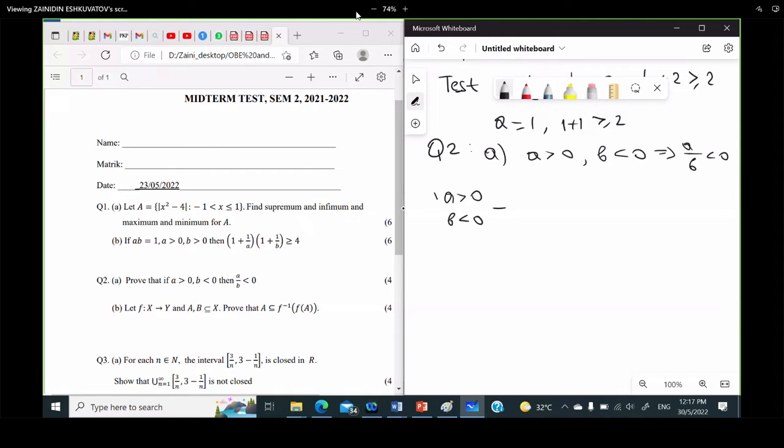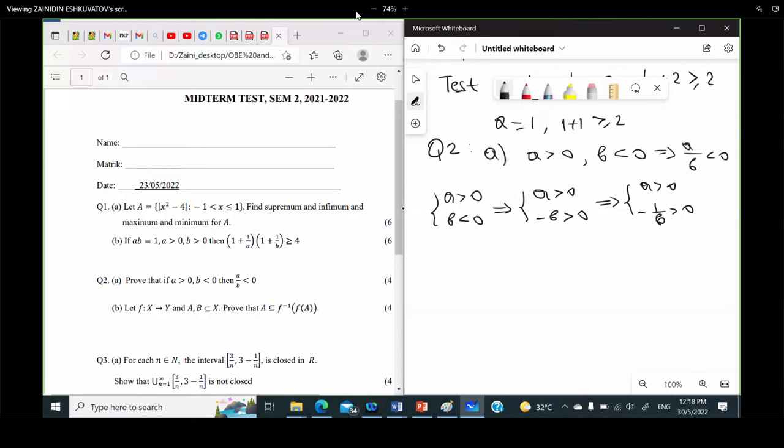From here, I can easily say minus B is greater than 0. Now, one more: if minus B is greater than 0, minus 1 over B is also greater than 0, because of the inverse property: if A is positive, 1 over A is also positive.